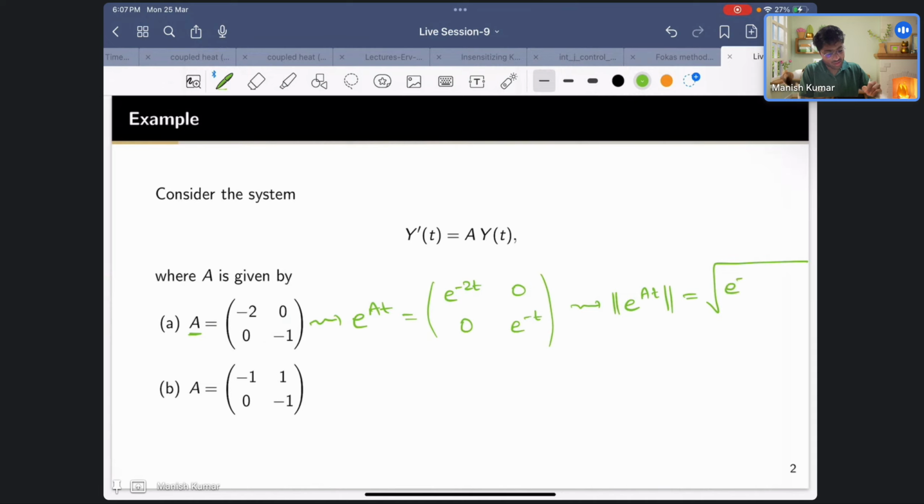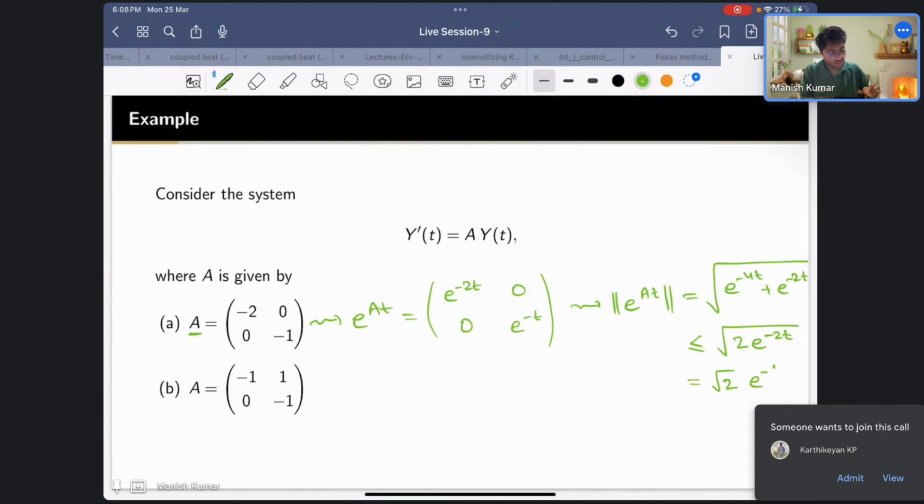So here you will get e^{-4t} plus e^{-2t}. Now you can bound it by 2 times e raised to the power minus 2t, dominating e^{-4t} by e^{-2t}. So we ultimately get this thing. Now I can just separate this root 2 and then I have my e^{-t}.